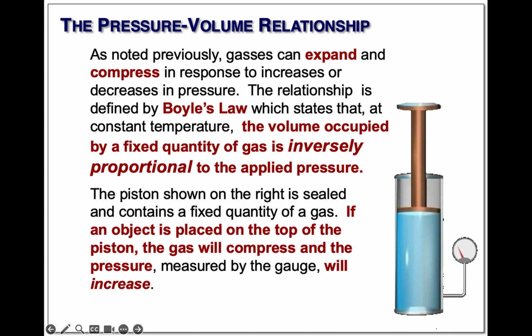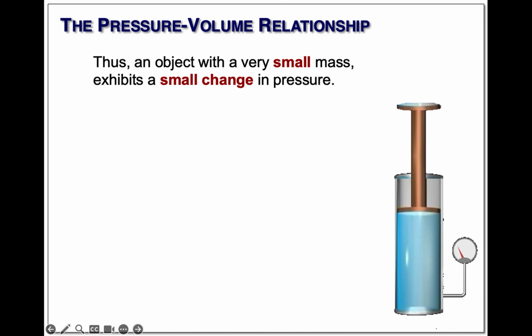This is a piston in a sealed container here with a gas and a pressure gauge. All right? If we take our piston and we put a very small mass on it, well, gee, I didn't see the needle move at all. So, very small pressure and very large volume. Okay?